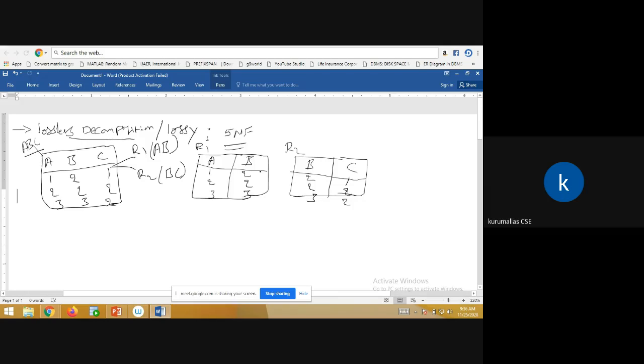We have to find the values from R2.C from the R2 table, natural join R1, where R1.A equals 1.